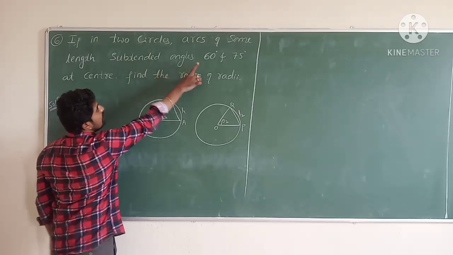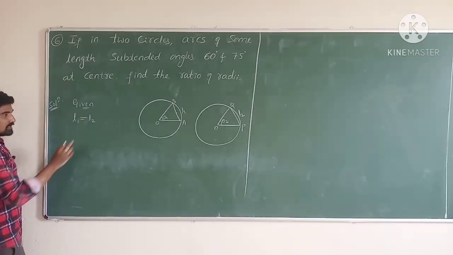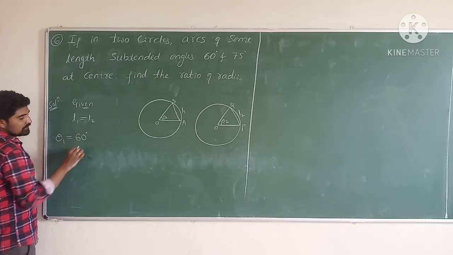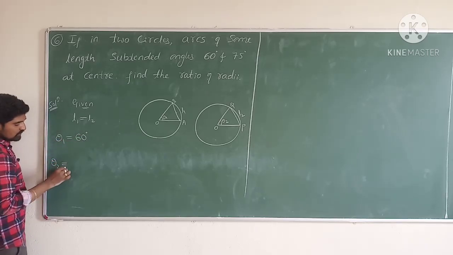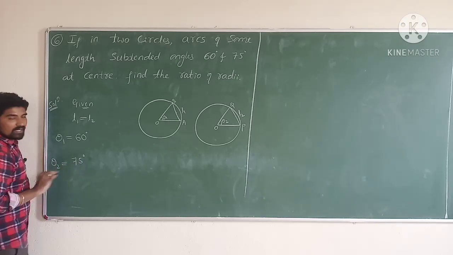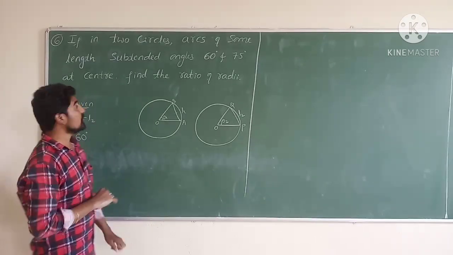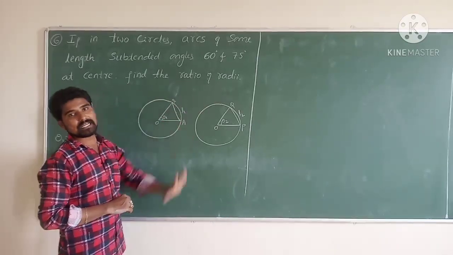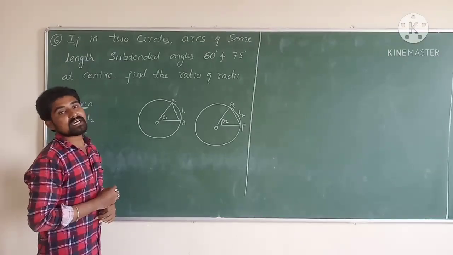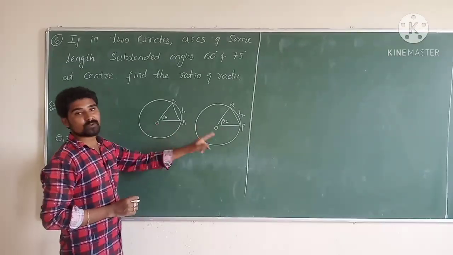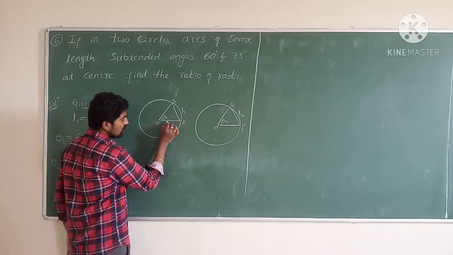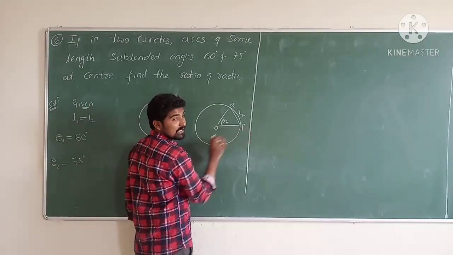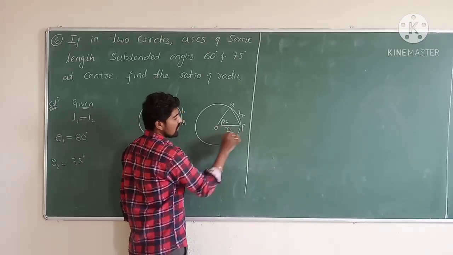And the subtended angles are 60 degree and 75 degree. So first angle theta 1 is equal to 60 degree, and the second angle theta 2 is equal to 75 degree. Now find the ratio of the radii, means we need to find out the ratio of radius of both the circles. Let OA be the radius of length R1 and OP be the radius of length R2.